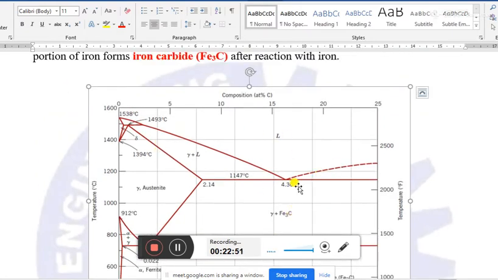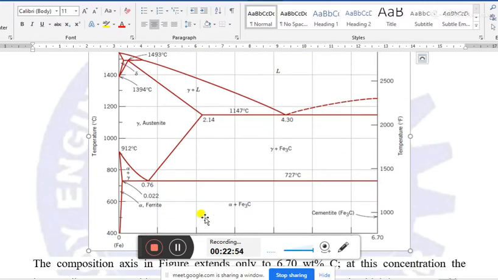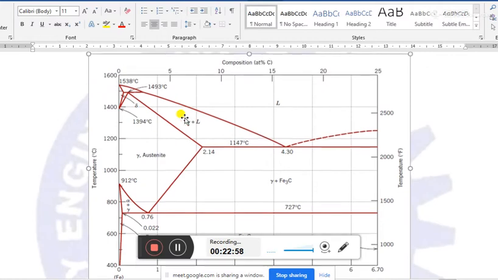And if the weight percentage of carbon increases, obviously the melting or liquefying temperature will decrease, and at a temperature of 1147 degrees Celsius, some part of iron will liquefy.